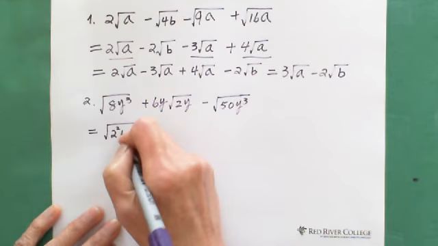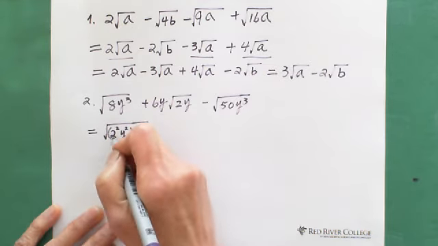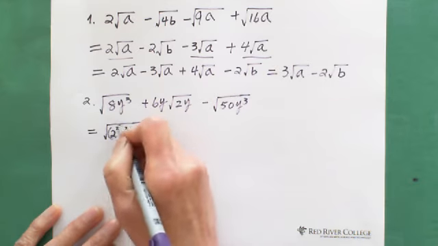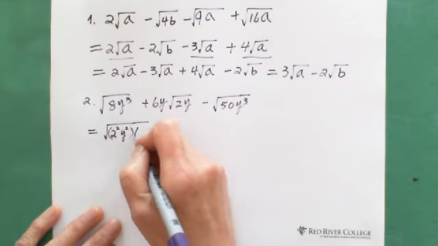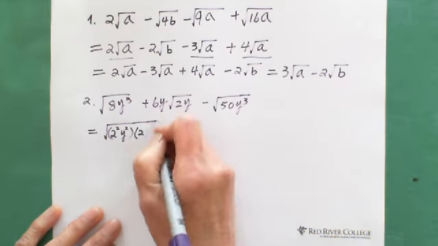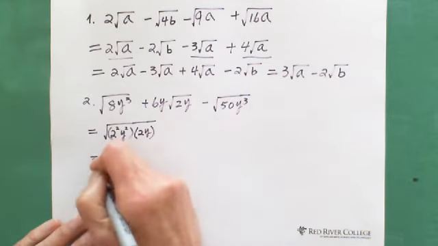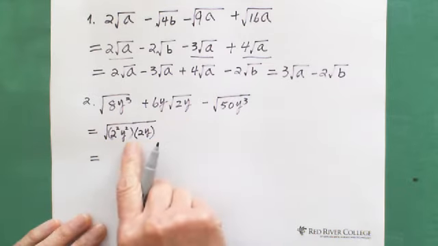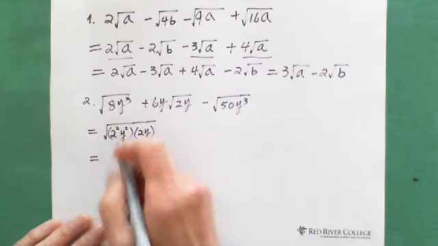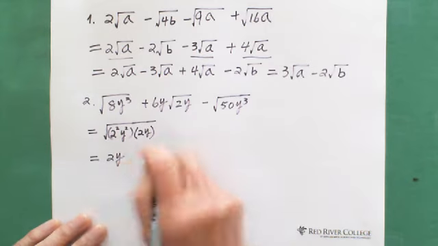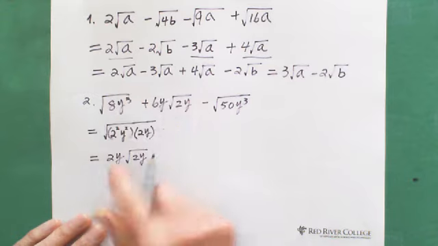The y cubed is y squared times y. Because 8 equals 2 cubed, or 4 times 2, we write 4 as 2 squared, with another 2 and still y here. So this piece, 2y, is ready to go outside the radical, and the 2y stays inside the radical. This is the first term.